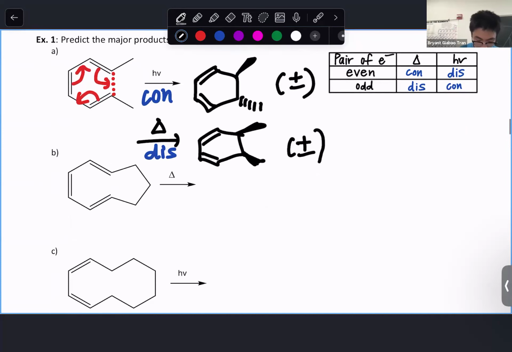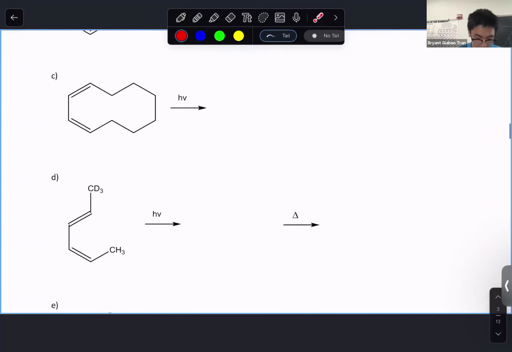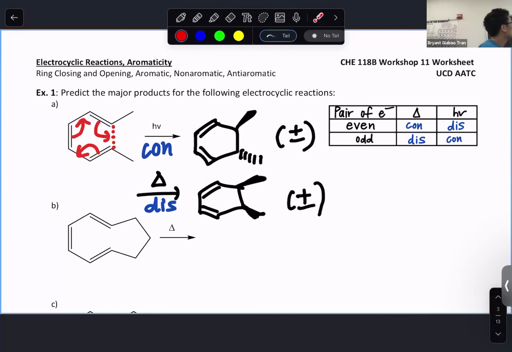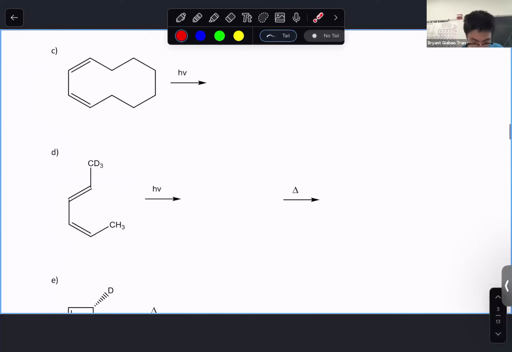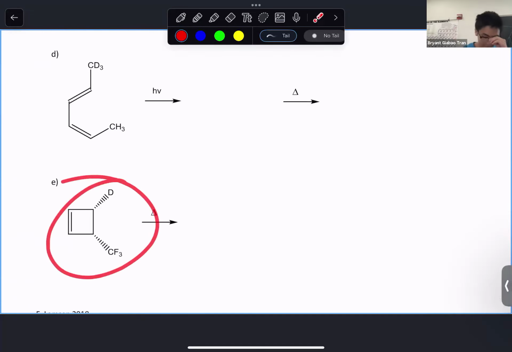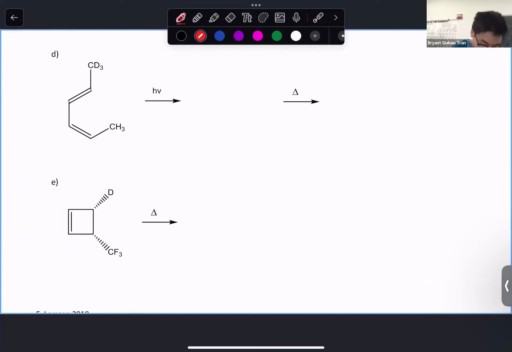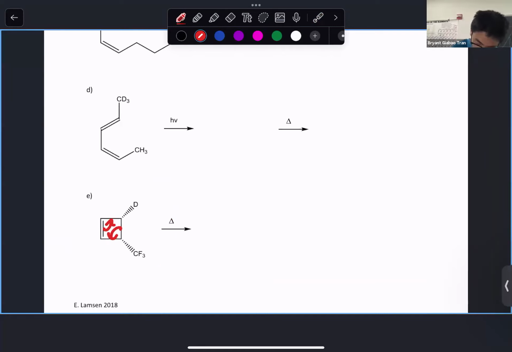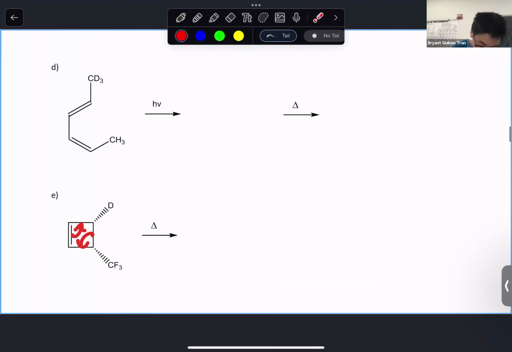Now, let's do an example of a ring opening. This was ring closing because we closed a ring. Let's see this example right here, where the ring opening arrows are going to be like this. We're going to move this double bond to make a double bond here. This single bond right here is going to break and make a double bond right there.